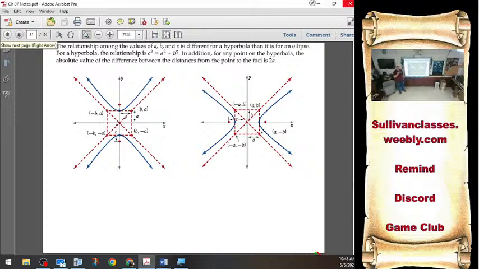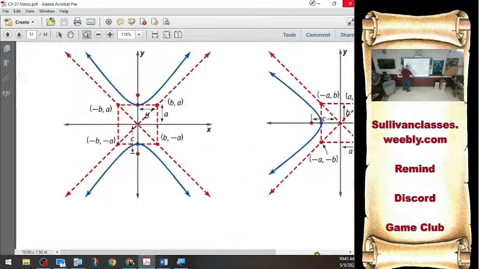Notice that C is still to my foci. I'm still going to see out to my foci, but now my foci are past the vertices. How do you think that affects our C formula?